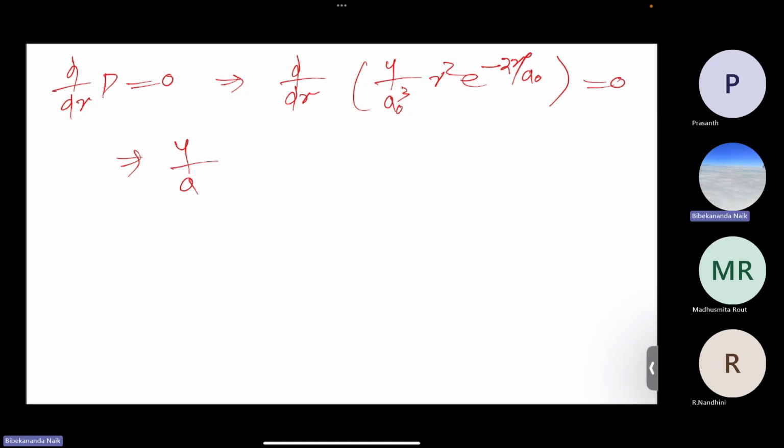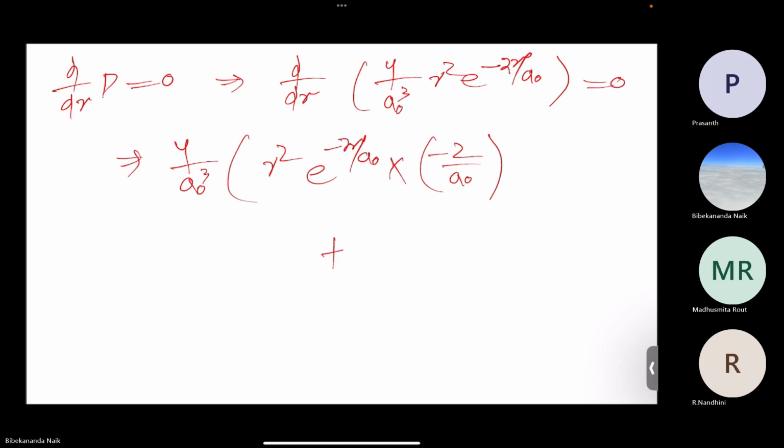Then 4 by a0 cube is taken out, and we get r square e to the power minus 2r by a0 into minus 2 by a0 plus e to the power minus 2r by a0 into 2r, which is equal to 0.